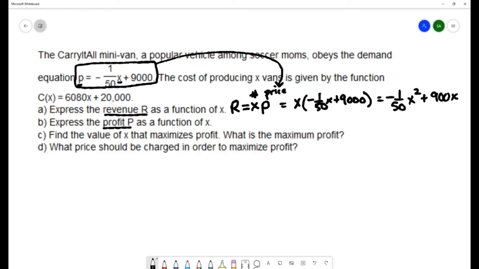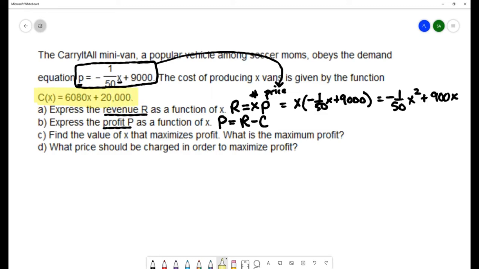There's another business formula for profit. And the business formula for profit is that profit is revenue minus cost. So we have just found the revenue function in the previous part, and we were given the cost function in the initial problem.